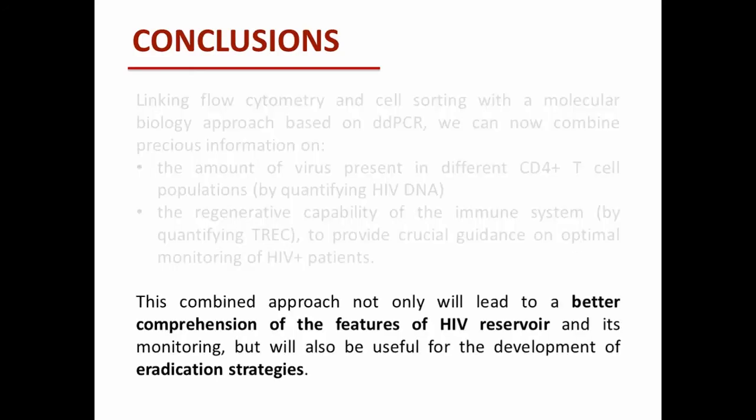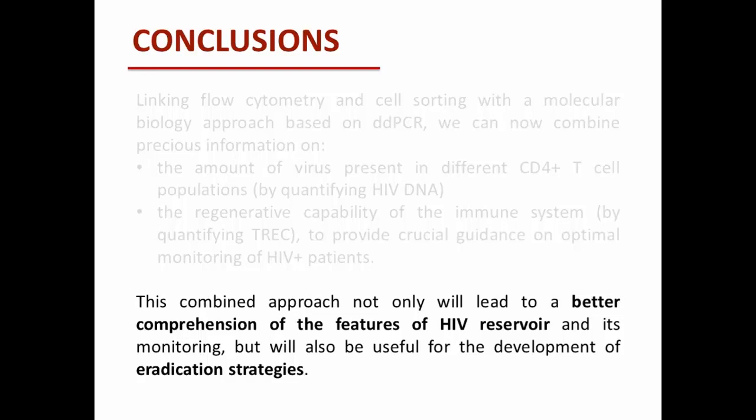And of course, finally, we think that the combined approach could lead not only to a better comprehension of the reservoir, because again, all the analyses were done in patients with undetectable viral load. It means that no virus was present in plasma. What we have done was only in cells taken from the blood.